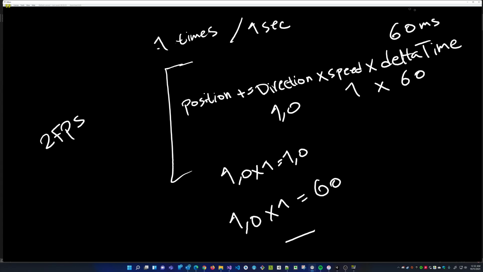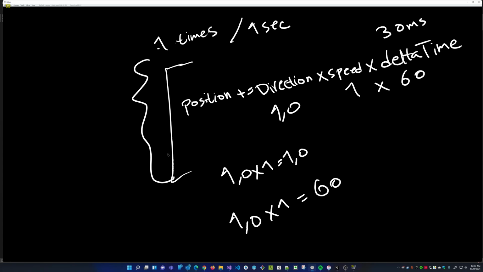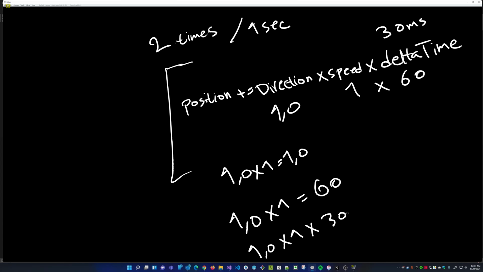Now let's assume my frame rate increased, right? I'm running my game on a good system, and now I'm running at 30 ms. 30 ms is still not good, but let's say I'm doing that, right? So now this loop runs more often. This loop now runs twice as fast, so 2 times a second. So now I have 1 multiplied by 1 multiplied by 30.